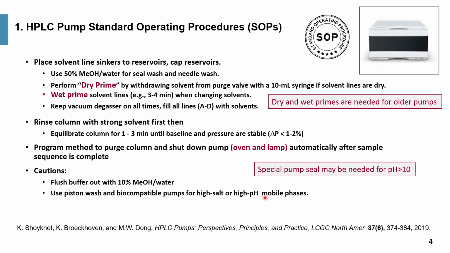Specialized pump seals may be needed for pumps to go above pH 10. Some of these details are documented in this white paper, written by several of my co-authors, including an engineer from Agilent, published in 2019.